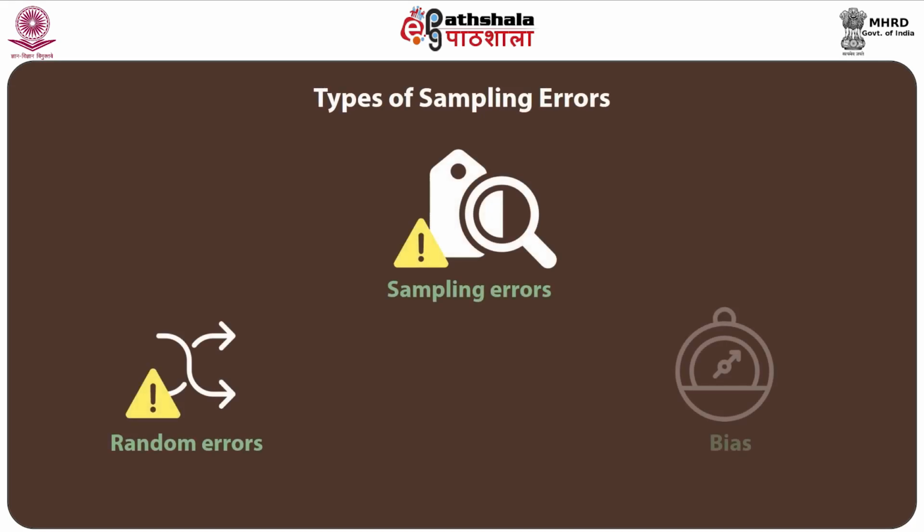A random error is a pattern of errors that tend to cancel one another, so that the overall result is still accurate and reflects the true value. Every sample design will generate a certain amount of random errors, which is expected.